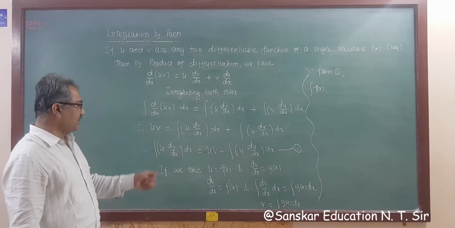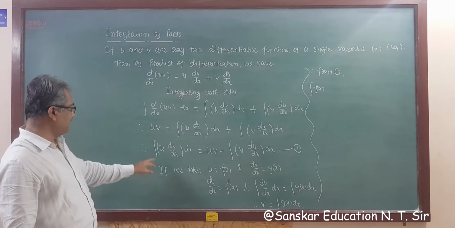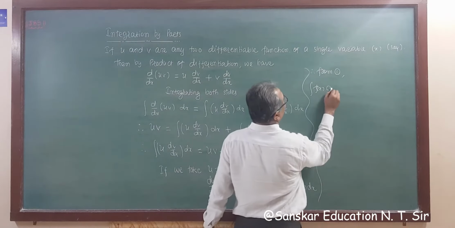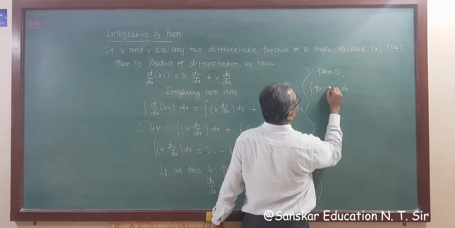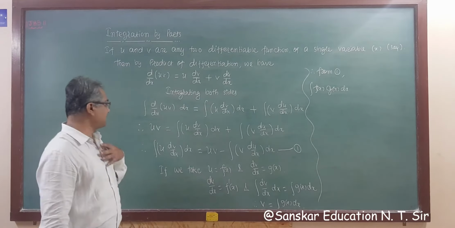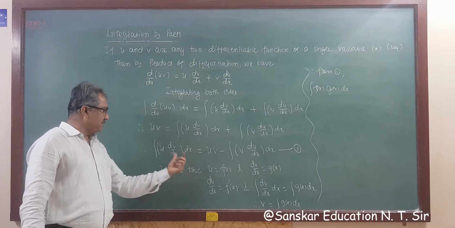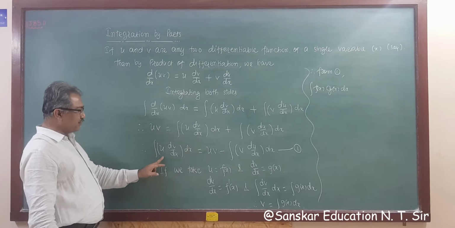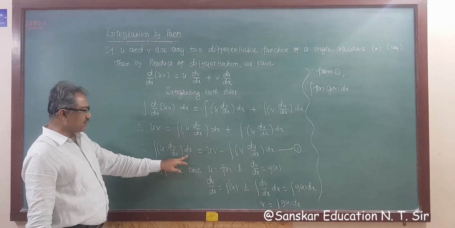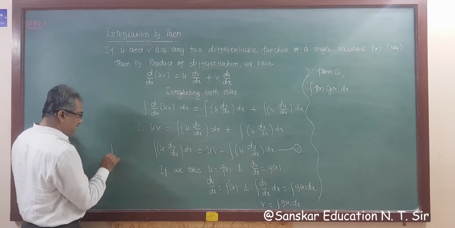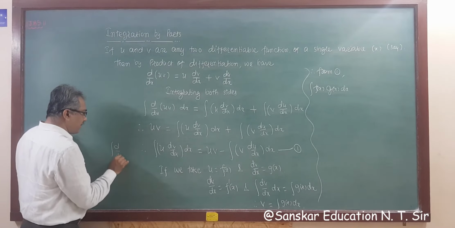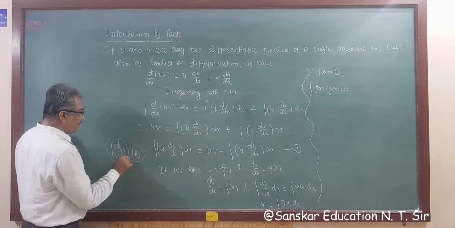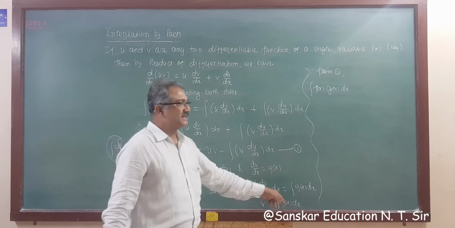So we get f(x) g(x) dx. Can I write this as u into integration of dv/dx dx, which is integration of d/dx of v into dx? So this vanishes and we get v, and the value of v is integration of g(x) dx.